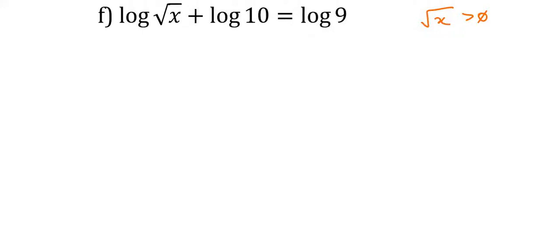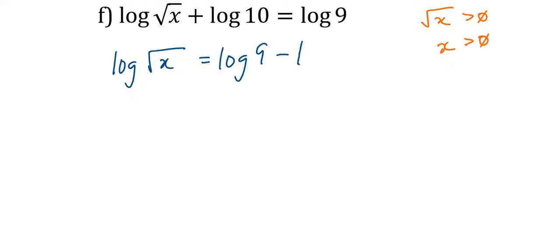But in other words, my restriction ends up being x has to be greater than 0 in this case. So this is log of the square root of x equals log 9 minus log of 10. So I'm going to simplify that. 9 divided by 10, right?